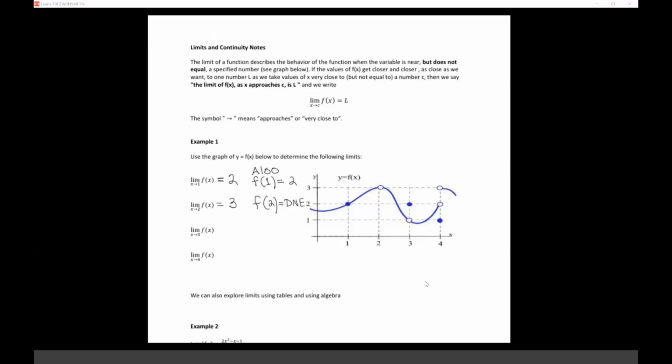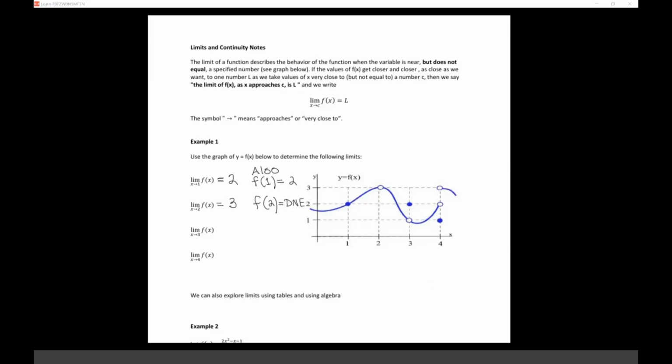Another situation is if your function shoots off to infinity. At a vertical asymptote, say you have a vertical asymptote at x equals 0, the y-axis, and your function shoots off to infinity there. You're never going to equal x equals 0, right? Because as you keep getting closer and closer to it, the function keeps shooting up. Okay?